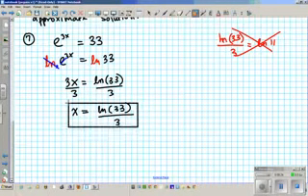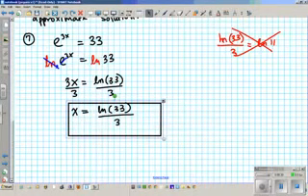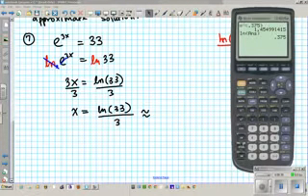And then your approximate result is going to be, let's see what the calculator says. Natural logarithm of 33 divided by 3. Answer is 1.1655.